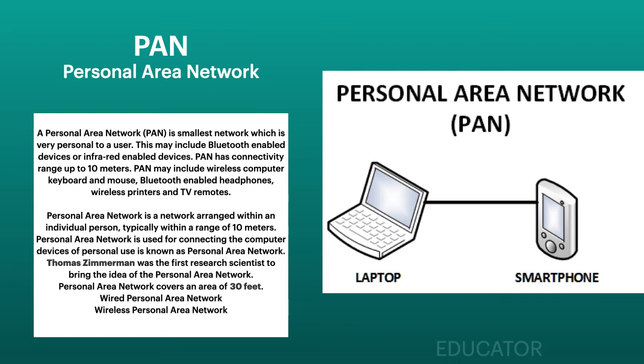Your TV remotes, wireless printers, or laptop-to-smartphone connectivity with Bluetooth are simple connections under the personal area network. Its range is up to 10 meters, or 30 feet. And you can build a personal network both wired and wireless.